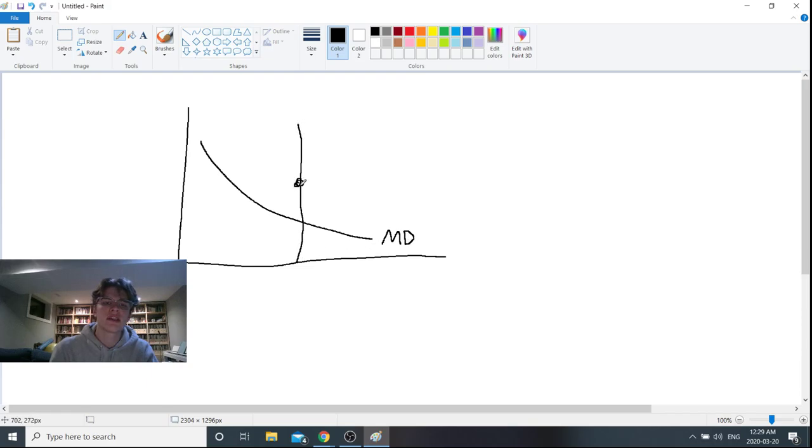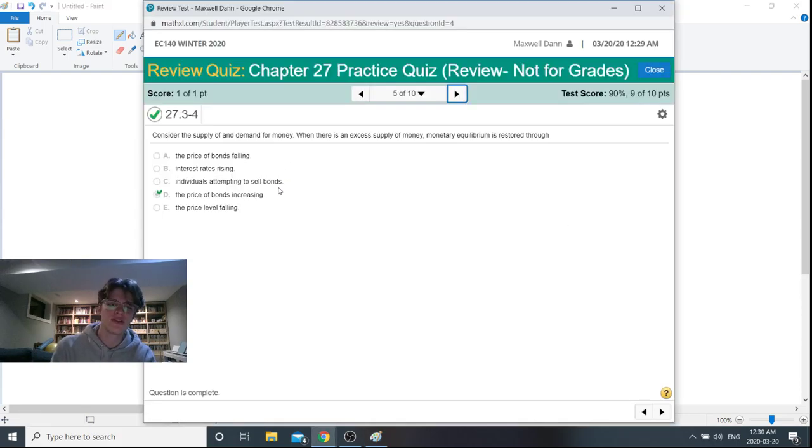It means we're at equilibrium over here. This is interest rate, and this is quantity of money. Remember that this is money supply. So what happens when our interest rate is too high?